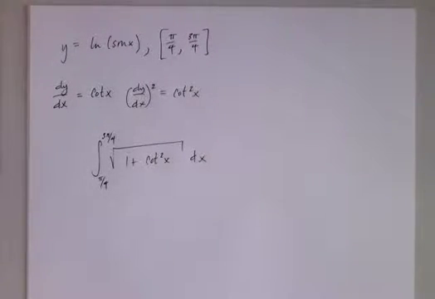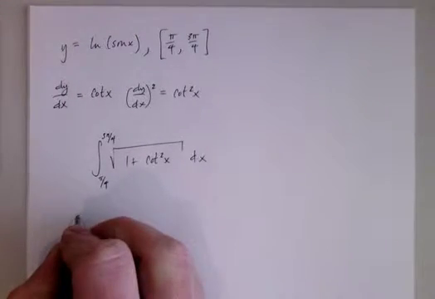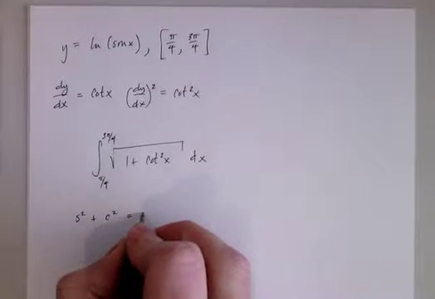Now, 1 plus cotangent squared is what? Well, we have to think back to our Pythagorean identities, okay? So I remember that sine squared plus cosine squared is equal to 1.